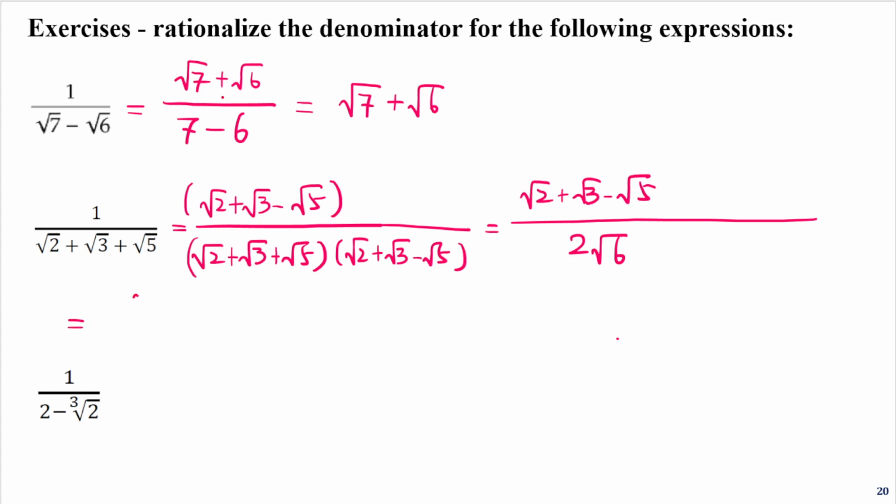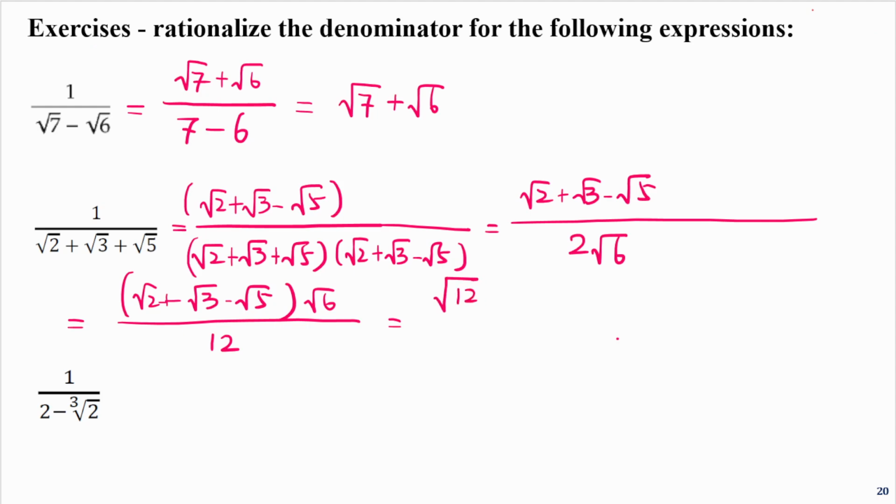And then we can multiply both the numerator and denominator using square root 6. Then the denominator becomes 12, right? So we have square root 12 plus square root 18 minus square root 30 over 12.